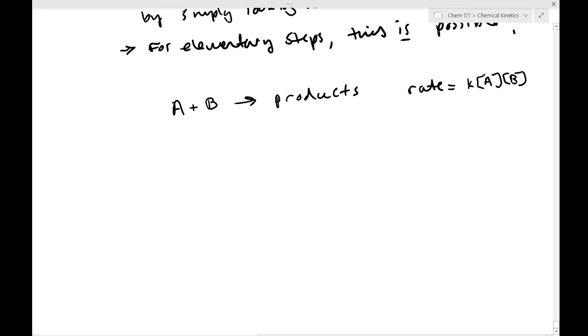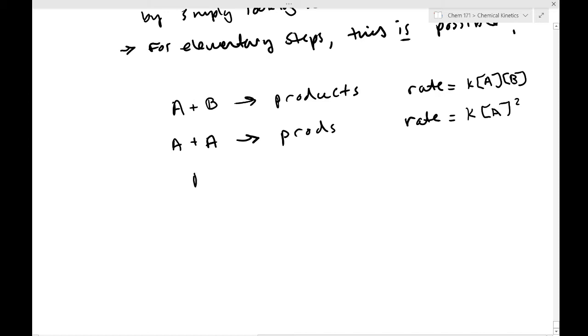If I have a bimolecular elementary step between A and A, the rate is again going to be second order, and it's going to be k times A squared.